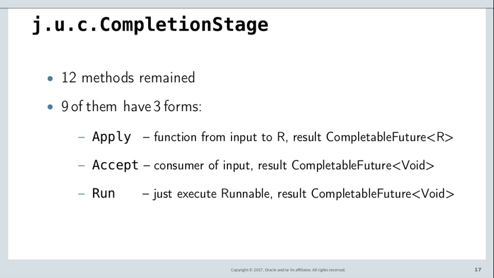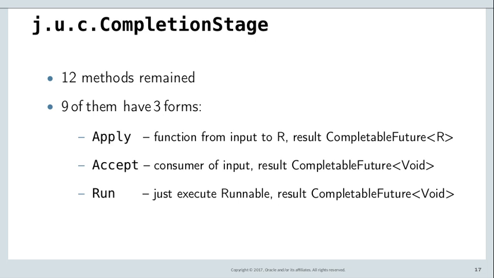Apply is the most general form, when we have the result of the previous future, and we have a function from that result to another result, and we transfer it from there. Accept is a similar situation, but our function doesn't produce a result; it's not a function, it's a consumer. We just consume input and don't produce any results which should go later.